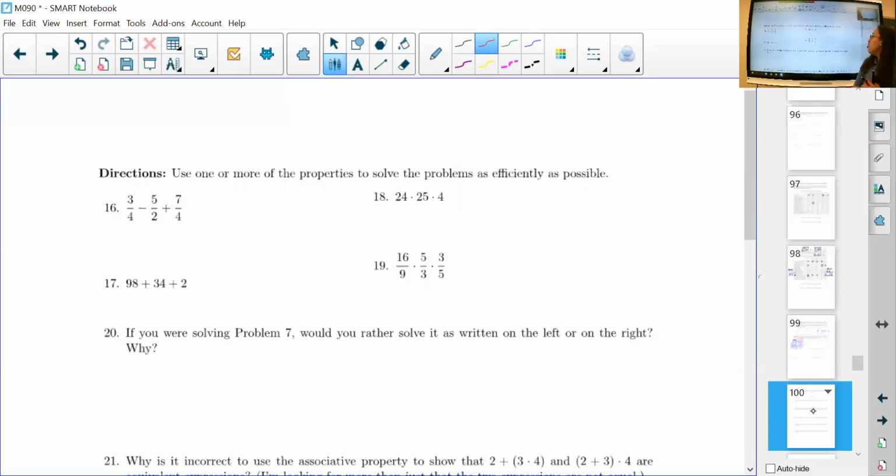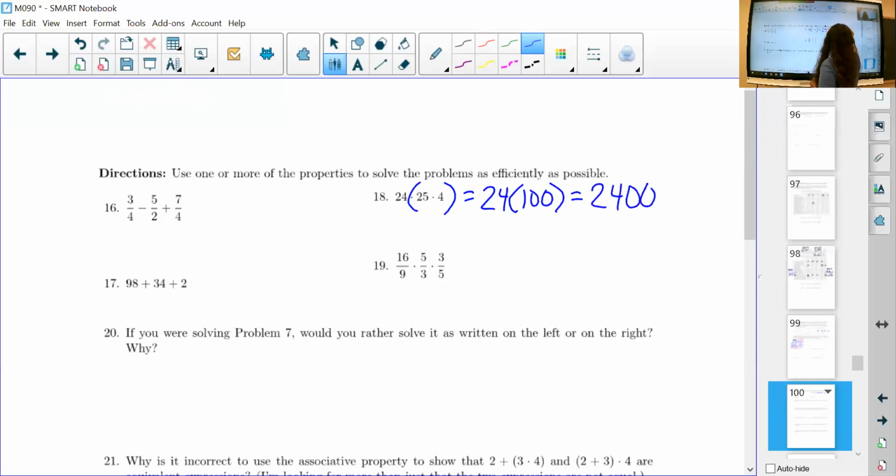Let's try it again. 25 times 4, you've got 4 quarters. That's 100. Okay, so let's do the easier problem first. 25 times 4 is 100. This is 24 times 100, which is 2,400.